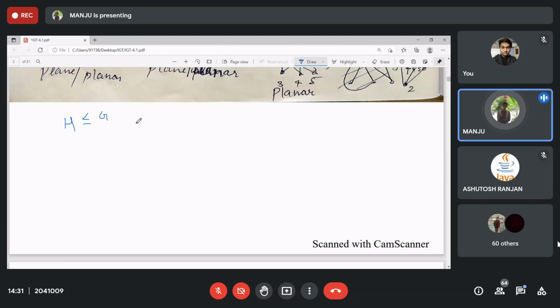If H is planar, then what can you say about G? If G is planar, then what can you say about H? If H is non-planar, then what are the results for G? And if G is non-planar, then what can be said about H?